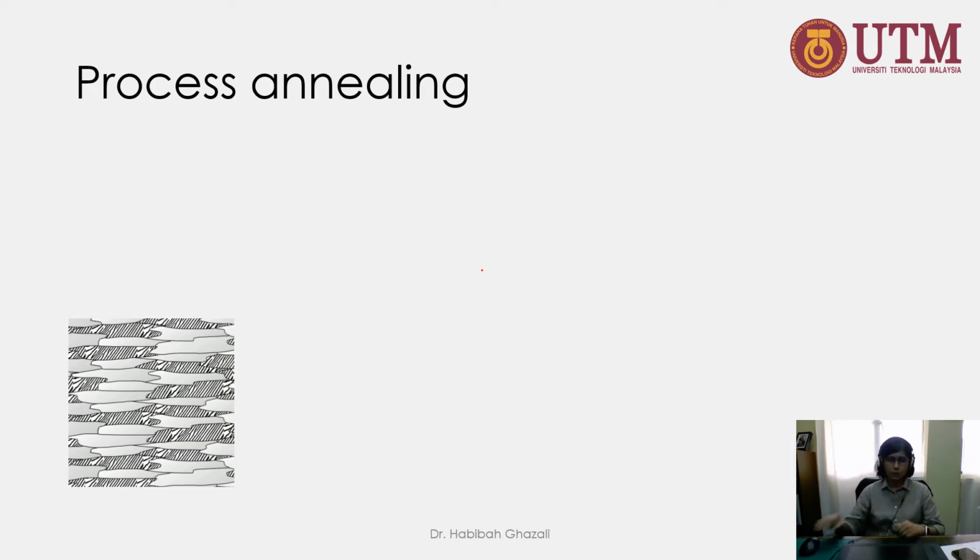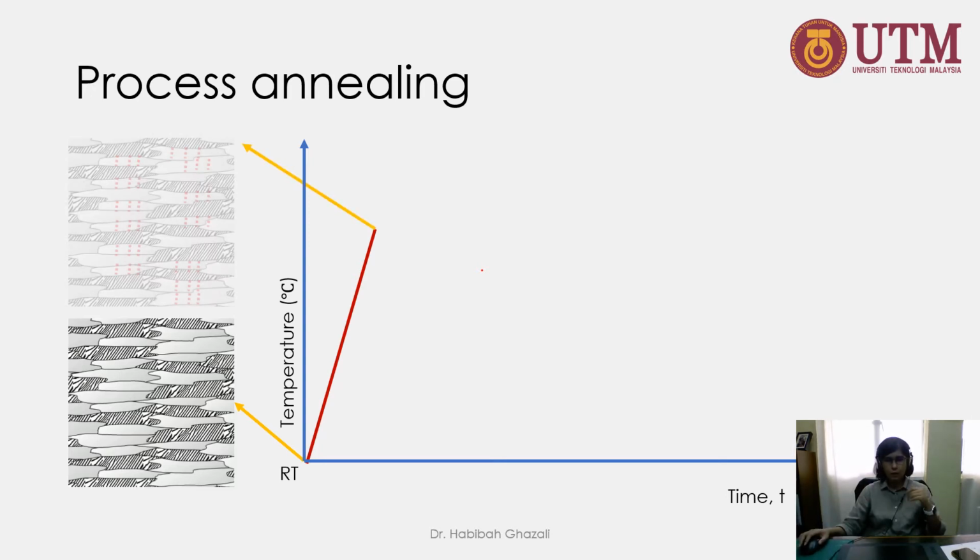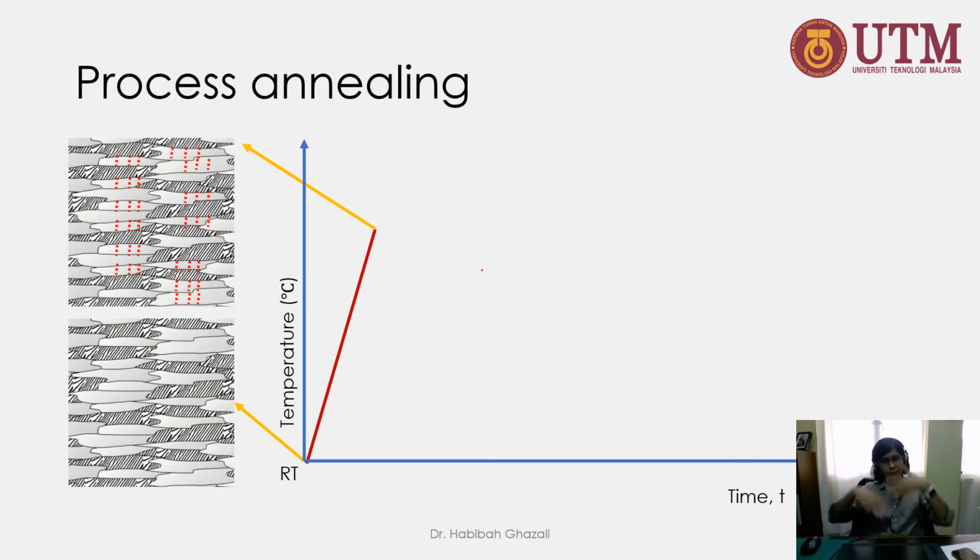So what we need to do is to perform a heat treatment process in which this room temperature metal will be heated up to a higher temperature. The temperature is below the melting temperature. You cannot heat it up so that it will melt. You don't want that.